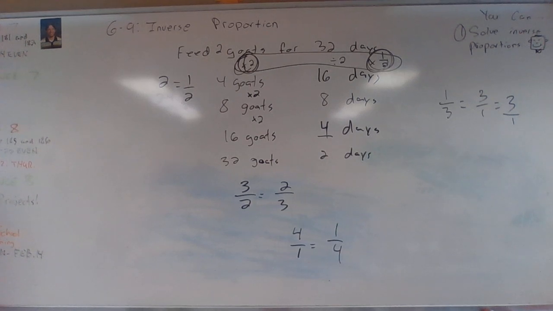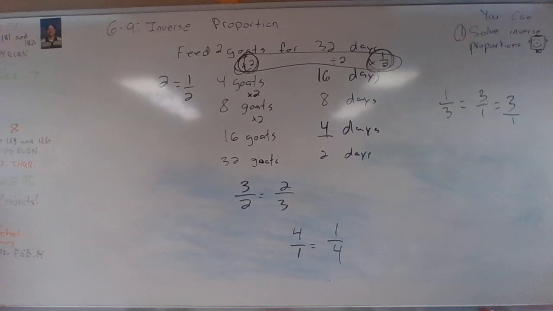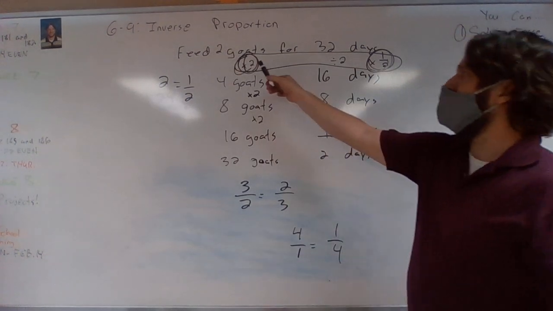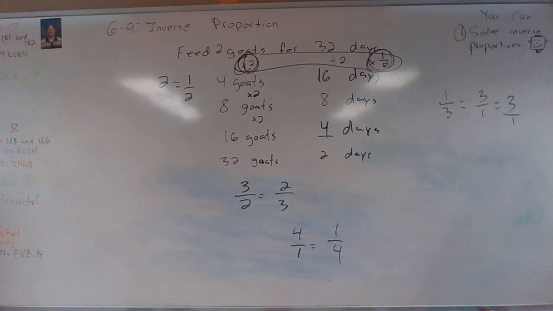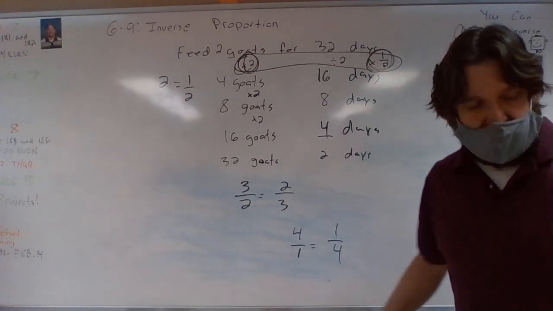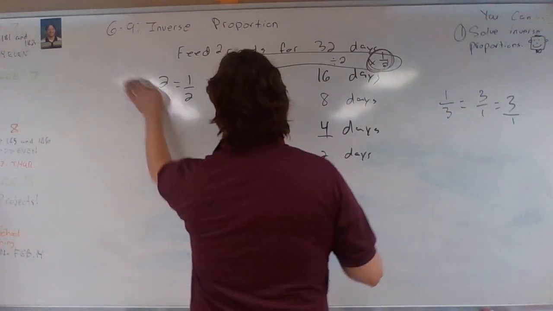And then you can easily figure out what the reciprocal of any number is. Okay? So as one quantity goes up, the other quantity is going to go down, and the factors are going to be reciprocals of each other. Okay? Don't worry, we're going to practice this a little bit here. We'll practice.